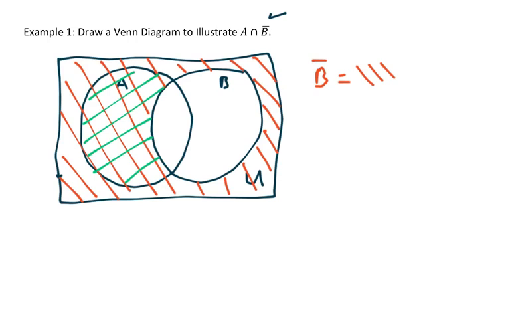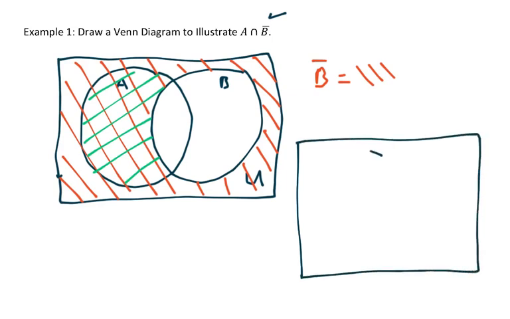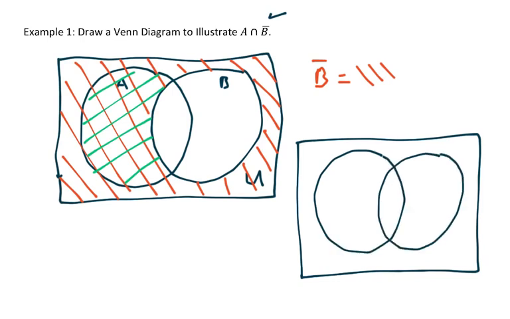And I might even consider rewriting this in a cleaner way. So let me draw a new fresh diagram here for my final result. Again, I'll put my A and my B. And the region that I'm looking at is this region. We'll color it in real nice. That would be A intersection B complement.